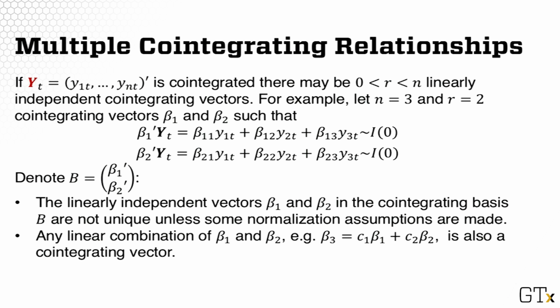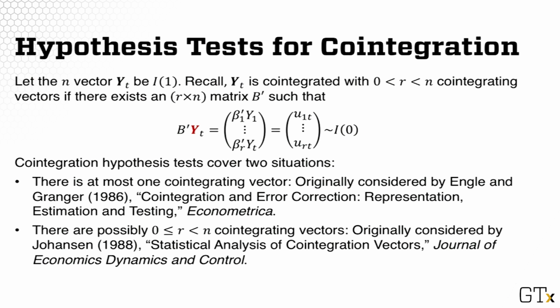Two important properties are as follows. One is that both vectors need to be normalized to be unique, as discussed on the previous slide. The second property is that any linear combination of the two vectors leads to a cointegrating vector. This is why B is called the cointegrating basis, since the two vectors are the basis of any other cointegrating vector.